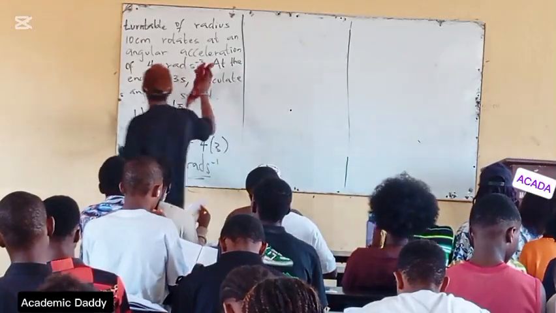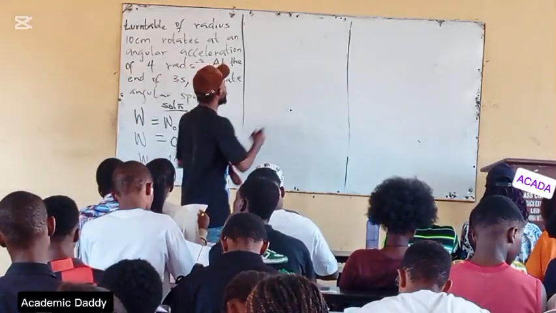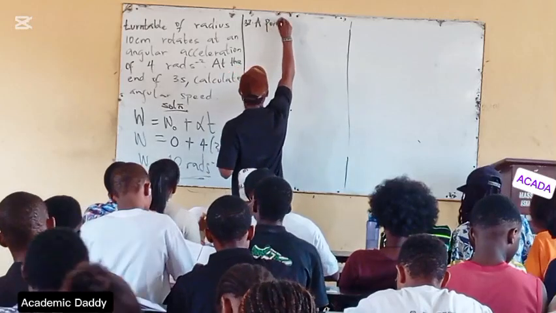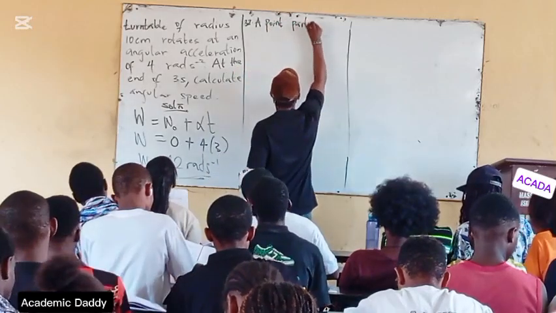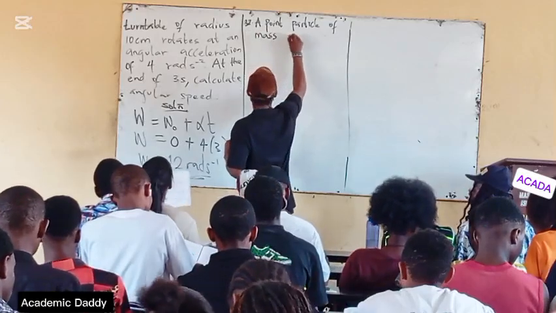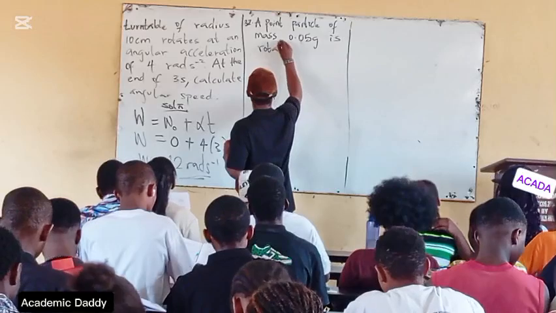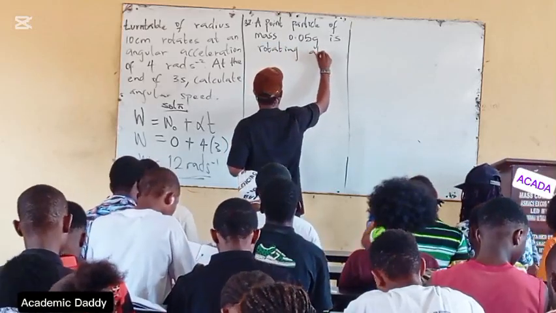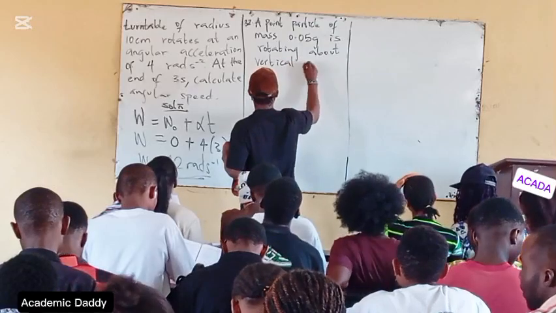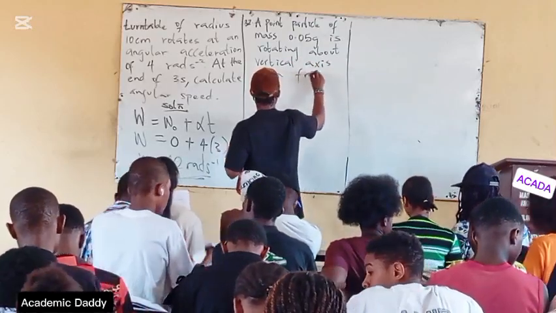I am giving question 32. Can I get it? 32, shall we? Yes. We have to be fast. A body of mass 0.05 kg rotating about a vertical axis, 10 centimeters from it, yes.